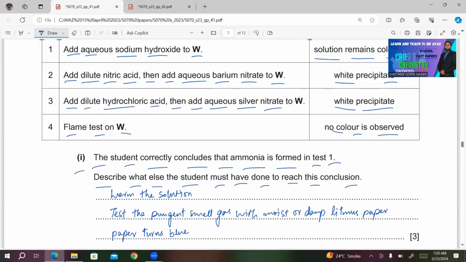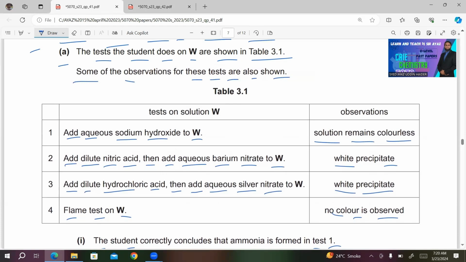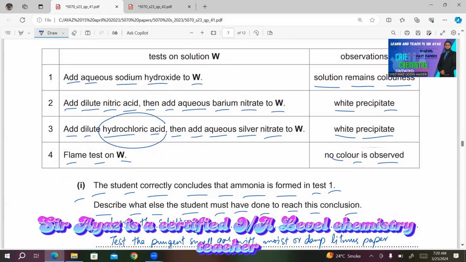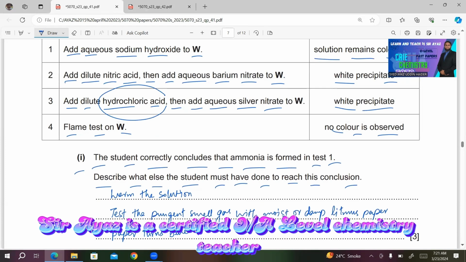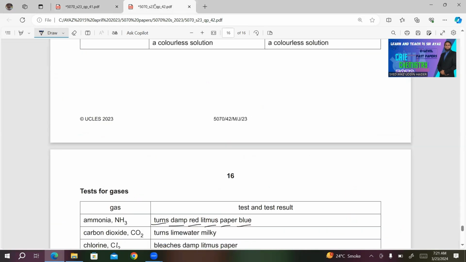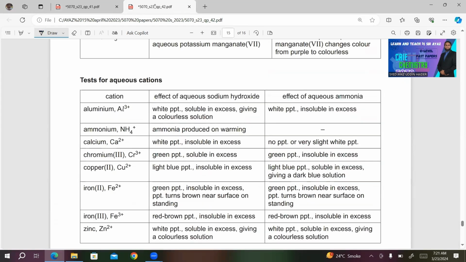So look at the statement. The student has added hydrochloric acid and we are getting white precipitate with silver nitrate. Here's a test for chloride ion.